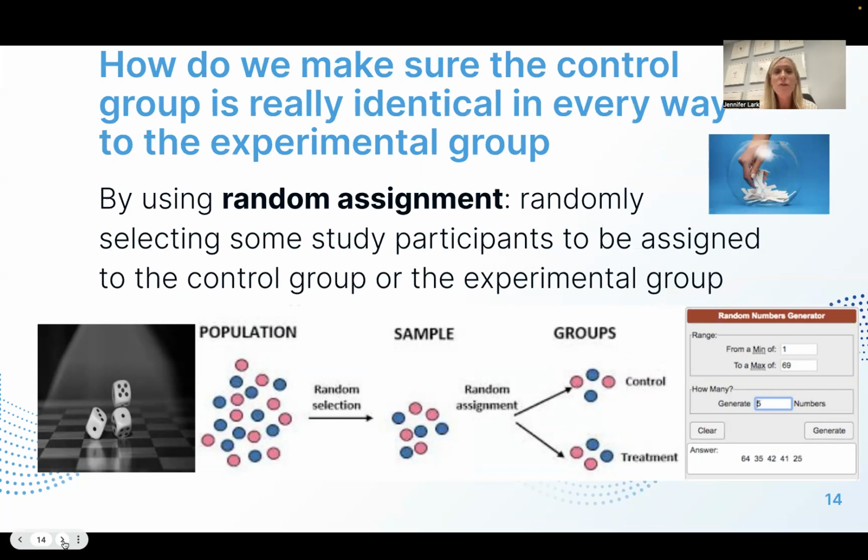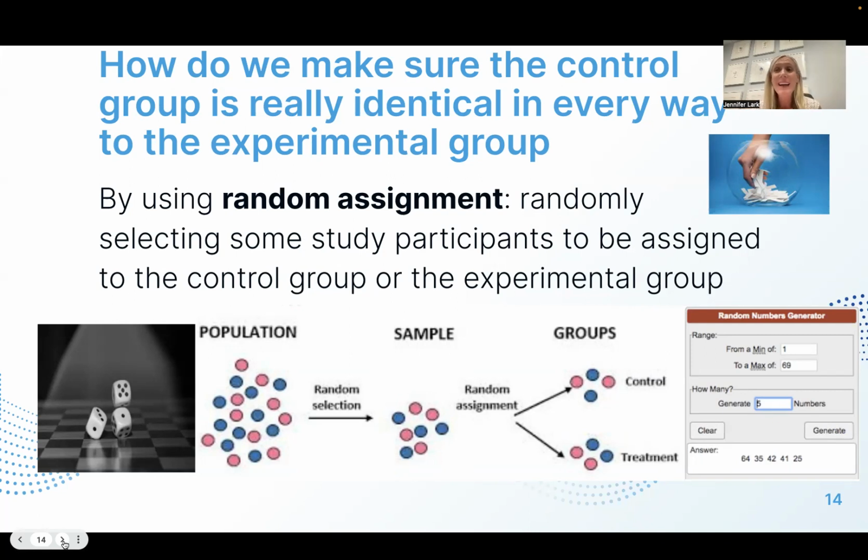Once we have them, we have to randomly assign them to the experimental and the control group. Again, when I get my sample, I don't get to just decide as the experimenter, well, I want all these kids to go into the treatment group, the experimental group, and I want all these other kids to go into the control group. Why can't I do that?